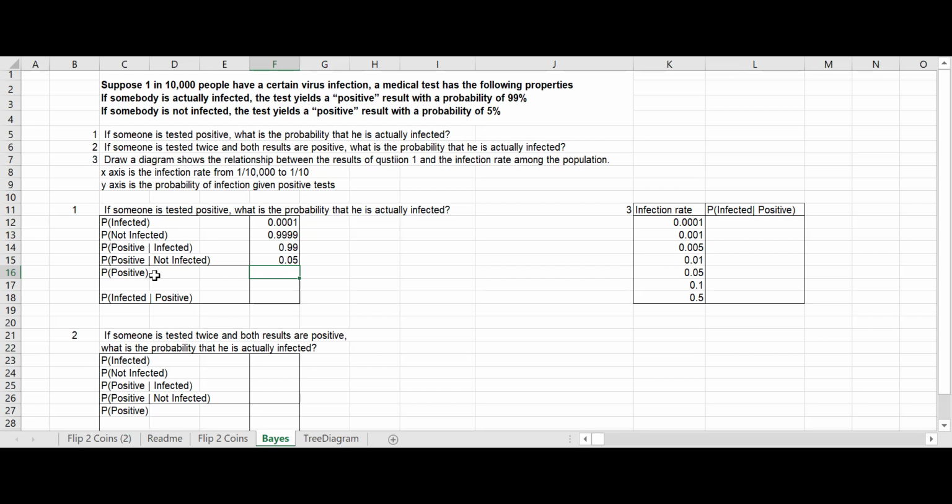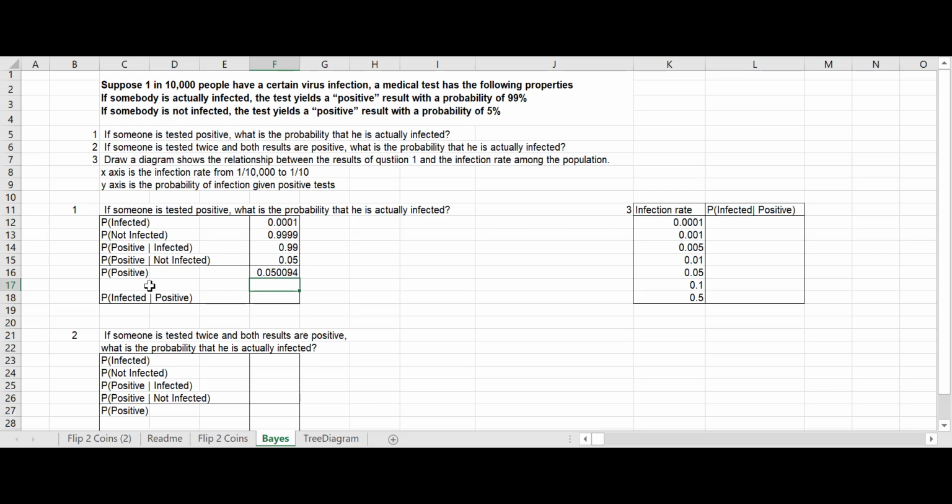So first we need to find out the probability overall. If I randomly pick one, he's positive. That's equal to, we separate into 2 groups. Remember the first group is infected and positive, multiplied by the probability infected, plus this person not infected, multiplied by the probability not infected. So this is the probability positive.